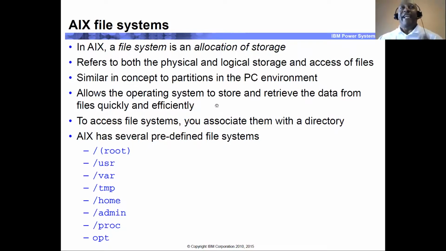Now, in AIX, we gave a definition of a file system a couple of pages back. It is a hierarchical method of storing data. So in AIX, a file system is an allocation of storage based upon the physical partition size and the physical partitions in that particular volume group. In other words, when we create a file system, we create it at a specified size.